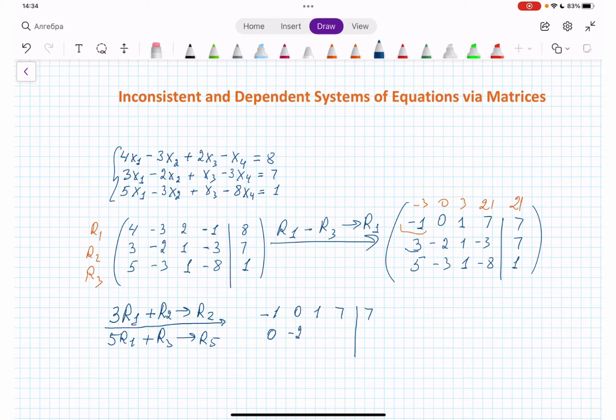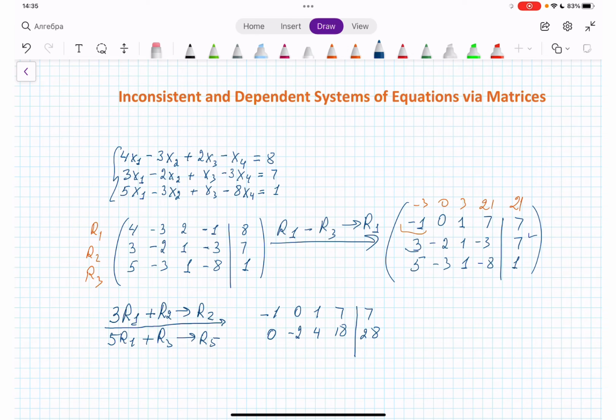Third one, 1 plus 3, I'm getting 4. And the fourth one, negative 3 plus 21, I'm getting positive 18, right? And 7 plus 21, I'm getting 28.